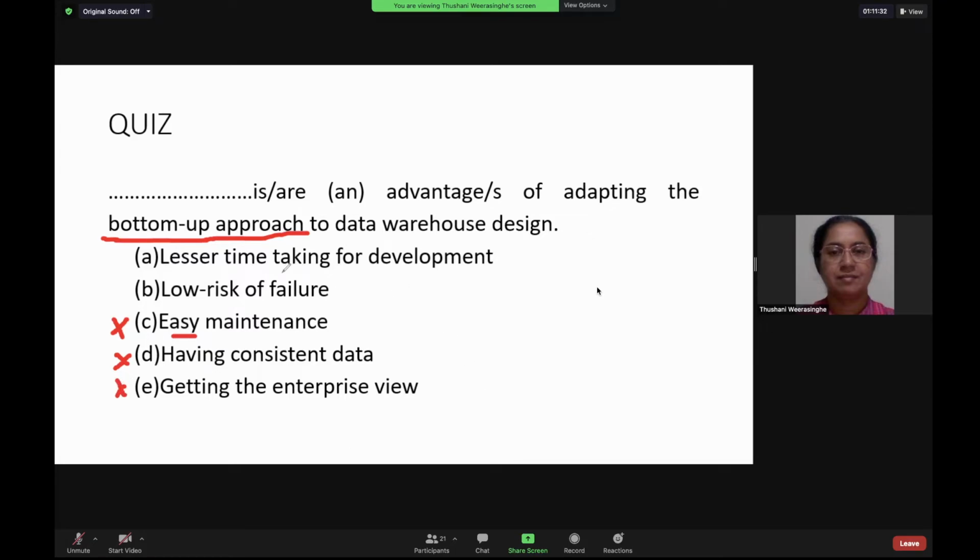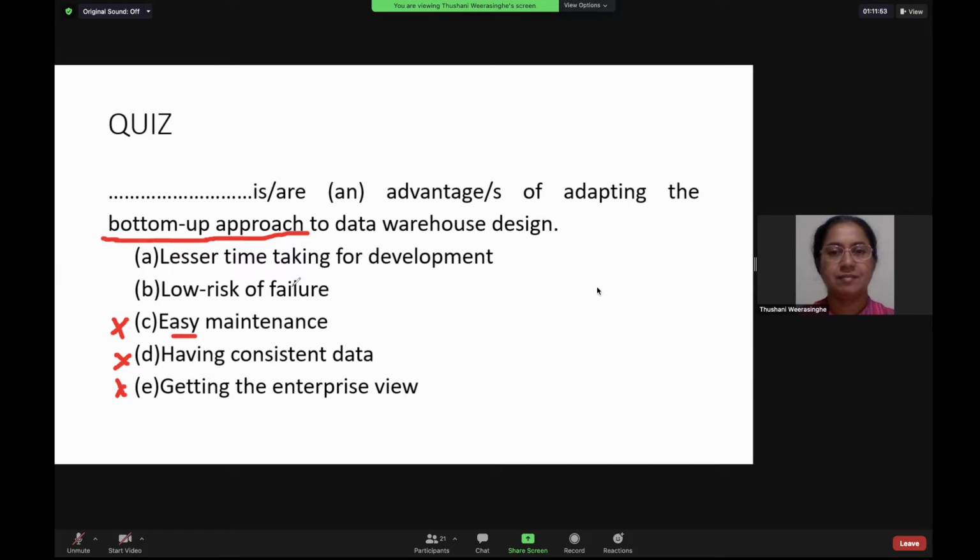Now, low risk of failure. Yes, why? Because when you start implementing, you will have something very quickly and you can develop it. So you have the data marts there, so the risk of failure is very low. Why?